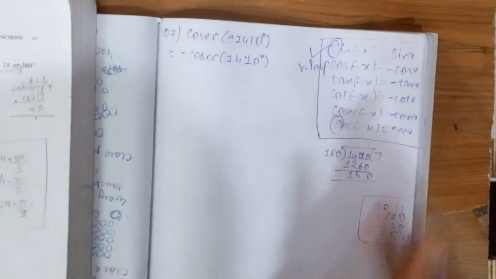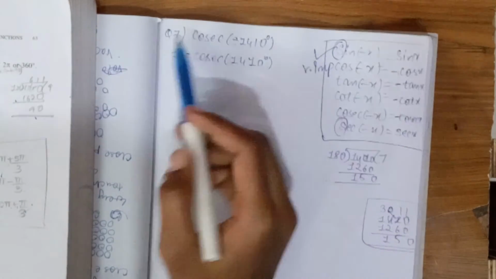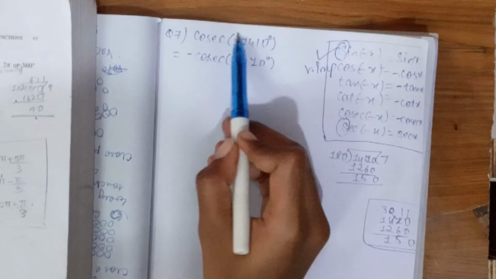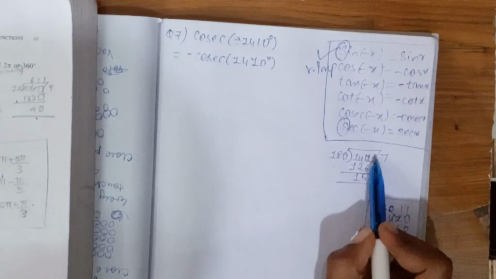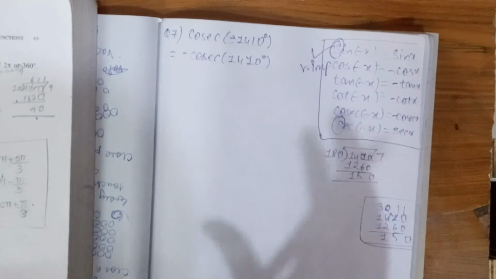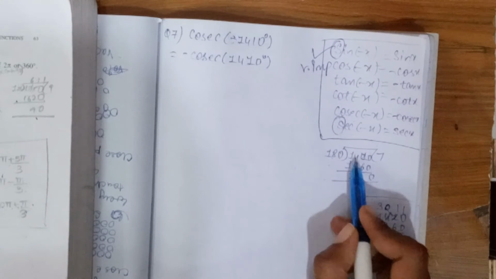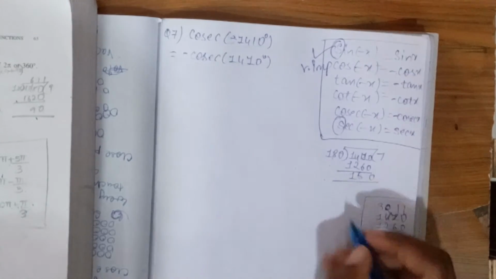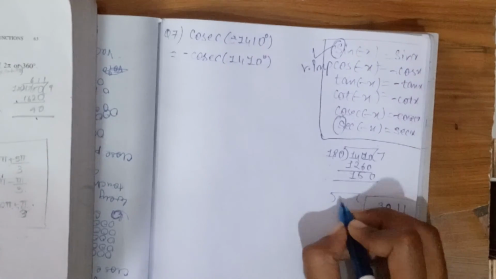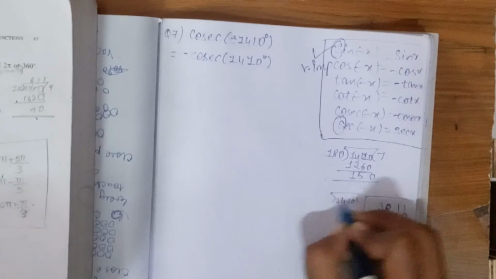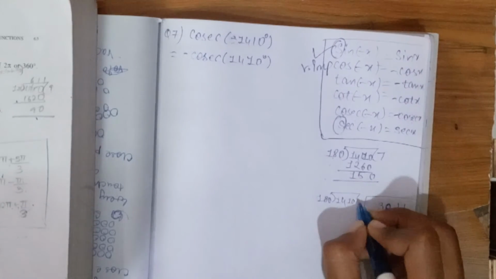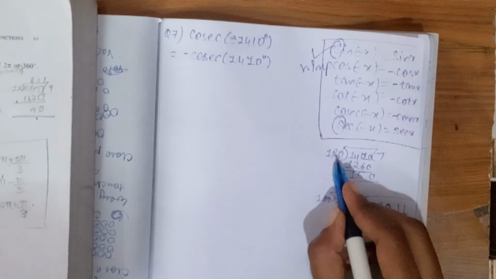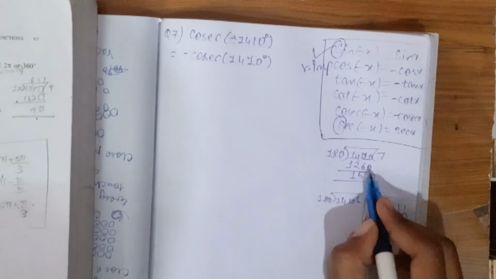So whenever you get cosecant with a minus like this, remember in your mind, don't just divide till here. Divide with a number greater than that, that is 1440. Again you divide 1440 by 180, so we got 8 times.